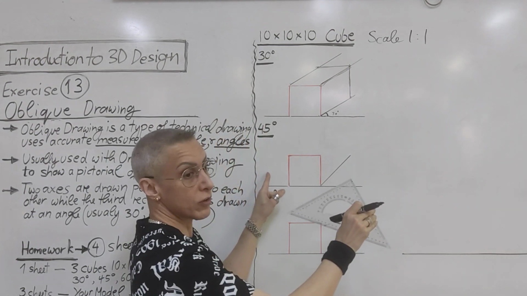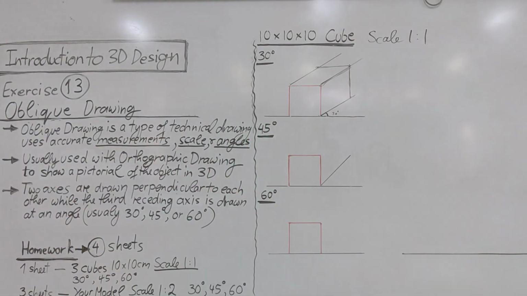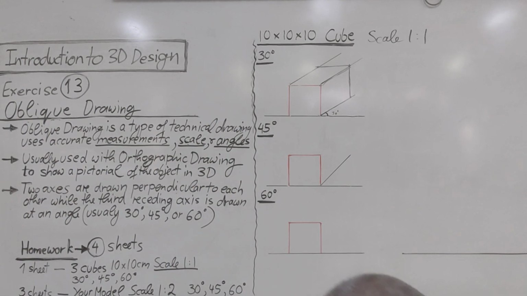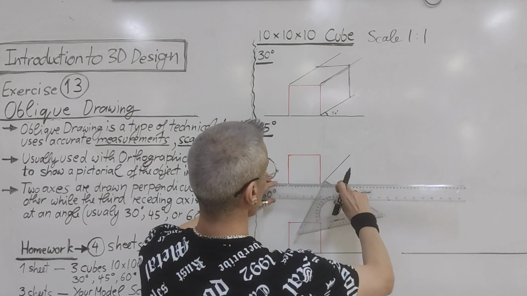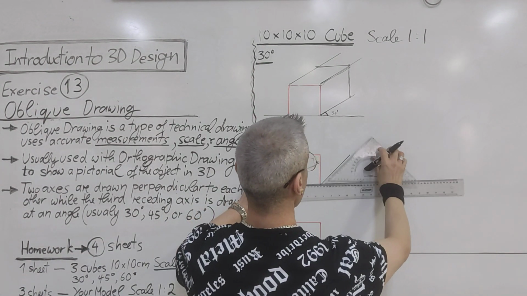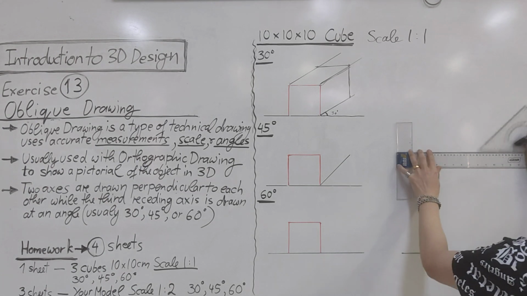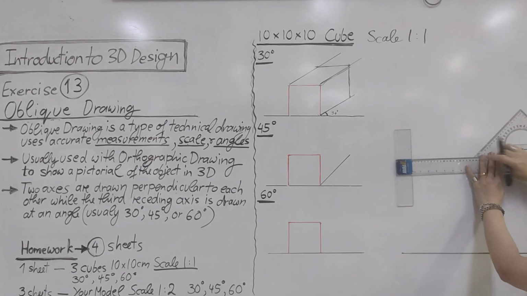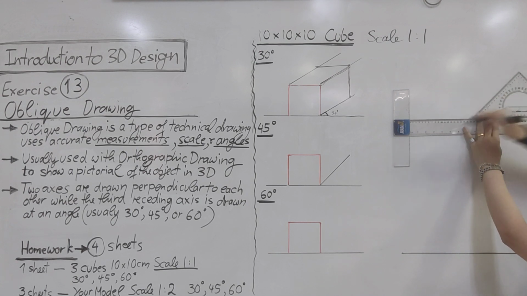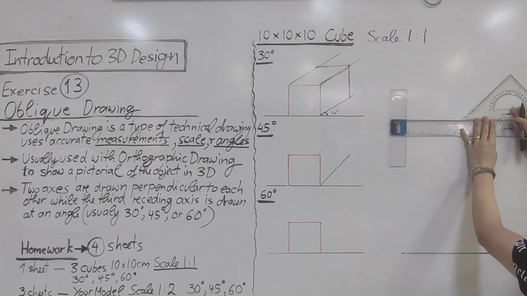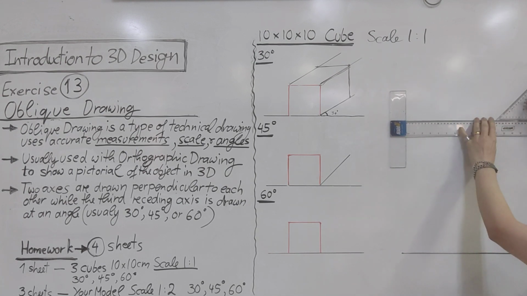Now you need to use your T-square. Be careful. I'm drawing it on the board a little freehand, but you need to have your T-square, the ruler here, like this. When you draw the first line, then you move the whole object up. You draw the second line, you move it that way and this way to draw the rest of the lines.